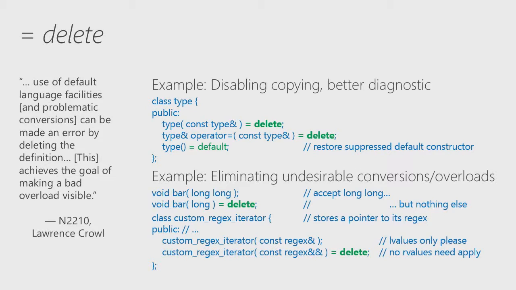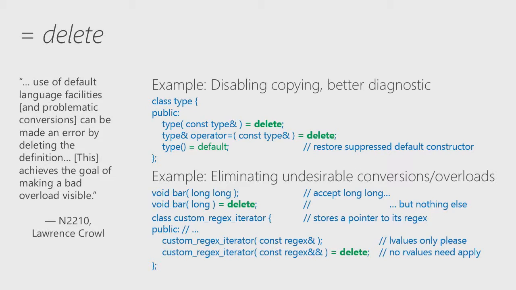But we can actually prevent taking an R value, a temporary object, using the technique shown here by simply overloading on an R value reference, which will absorb, in this case, a const ref absorbs all R values, equals delete that, so that if you try to call it with an R value, you'll select the second overload, and then the compiler will tell you, hey, it doesn't exist, and prevents you from making the mistake.